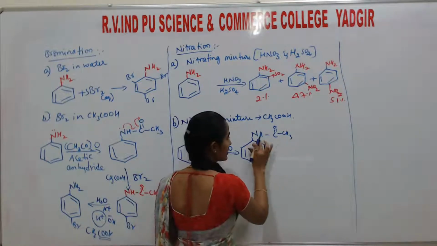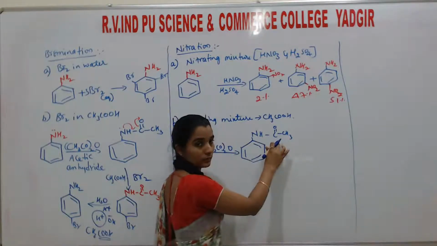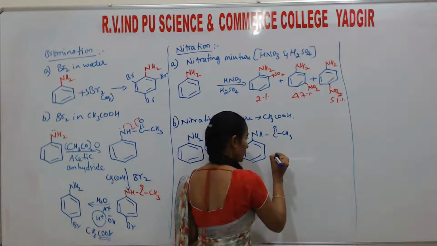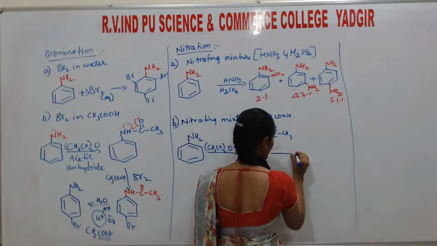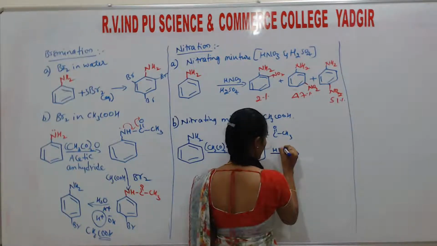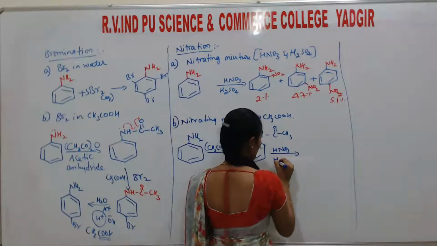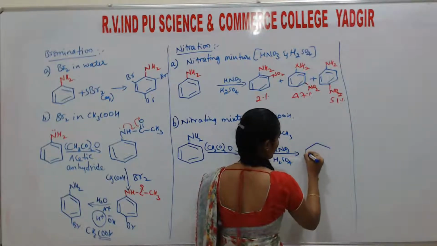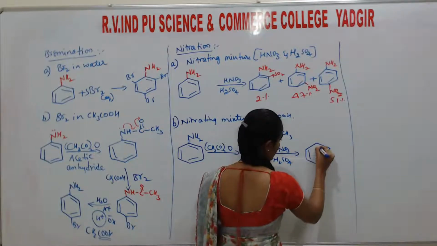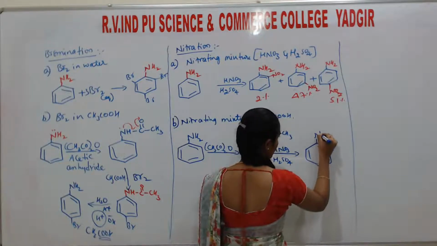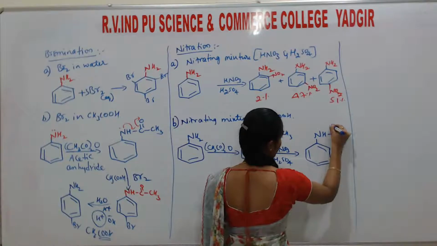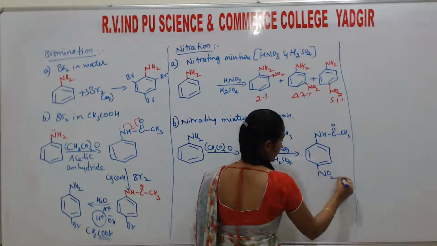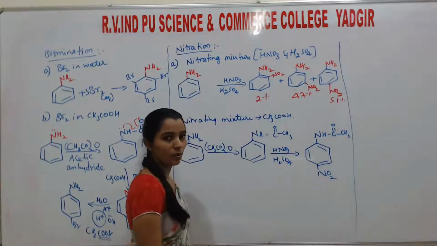So students, this is an amide group. NHC double bond O is an amide group. Further it undergoes nitration, HNO3 in presence of H2SO4. Then it will form the para substituted compound.